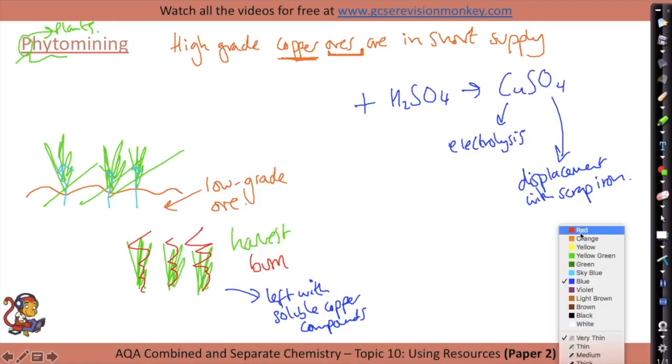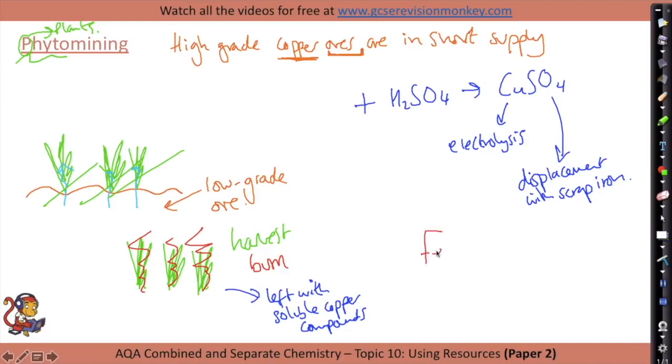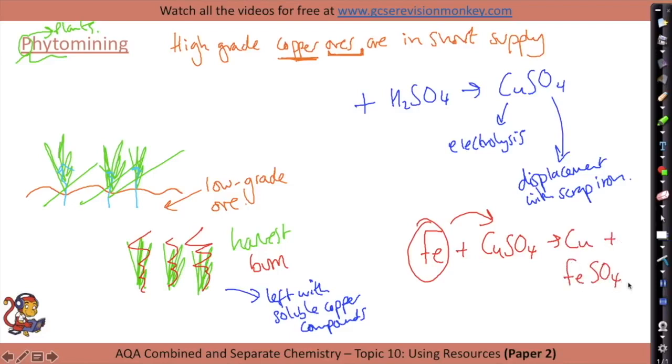Or displacement with scrap iron, you would have the iron reacting with the copper sulfate, and with displacement the iron replaces the copper, so you'd end up with your copper and iron sulfate. So that's one way that you could extract copper using this new technology of plants, and you need to be able to describe this complete process for the higher tier.